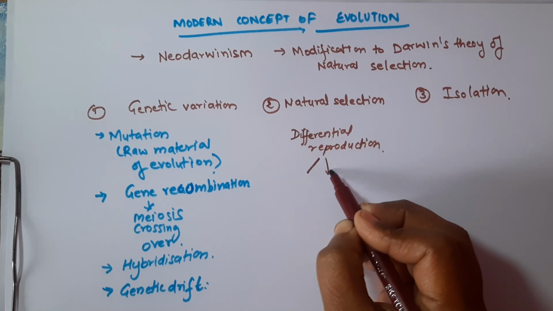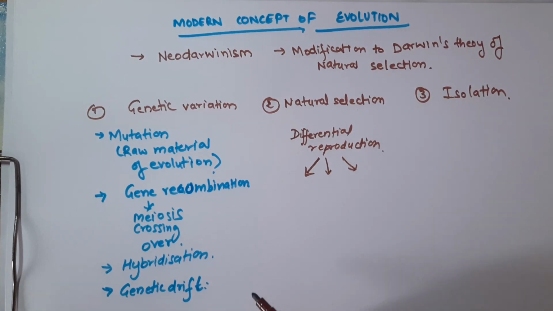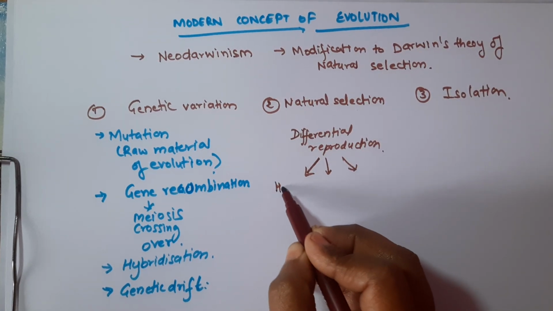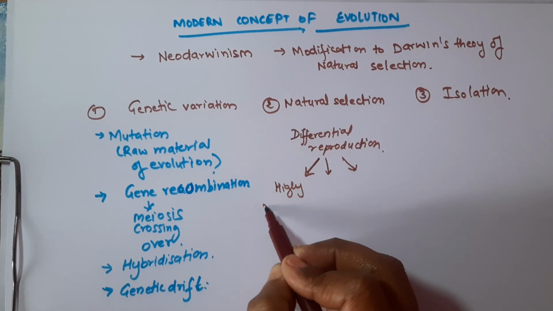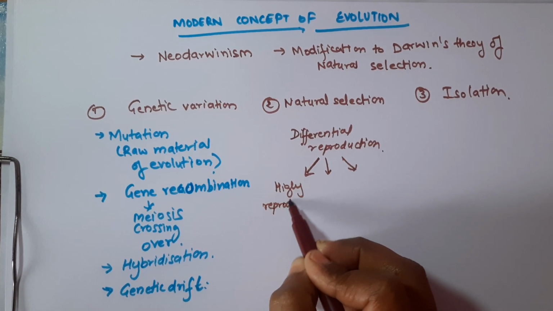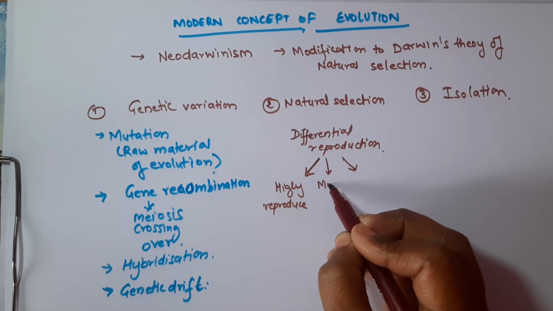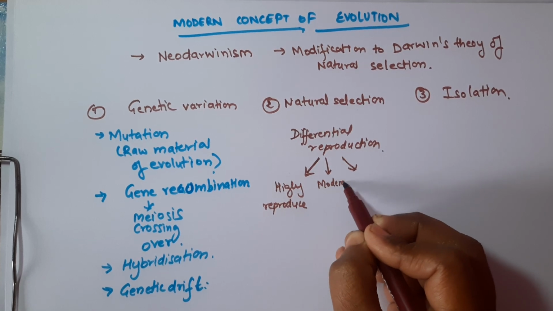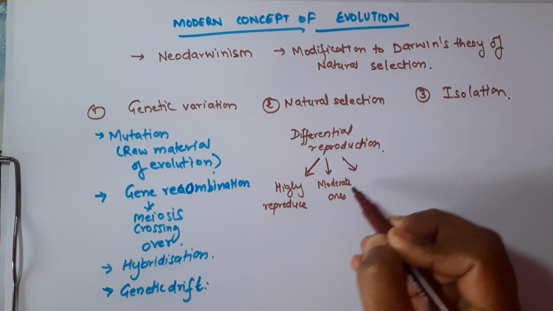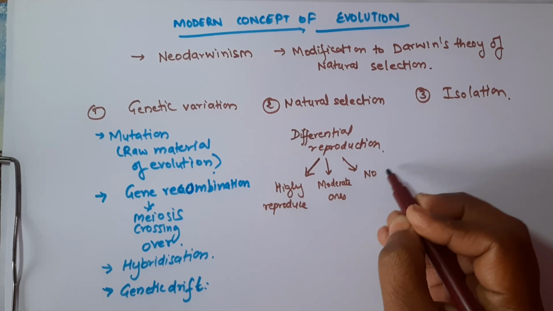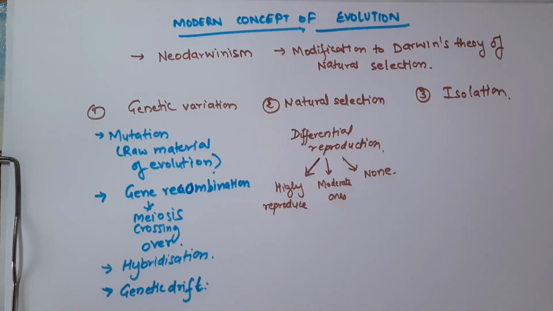Let's suppose there are a few species that are highly reproducible, they will produce young ones at a very high rate. There are some moderate ones, and there are ones that will not give rise to any offspring.